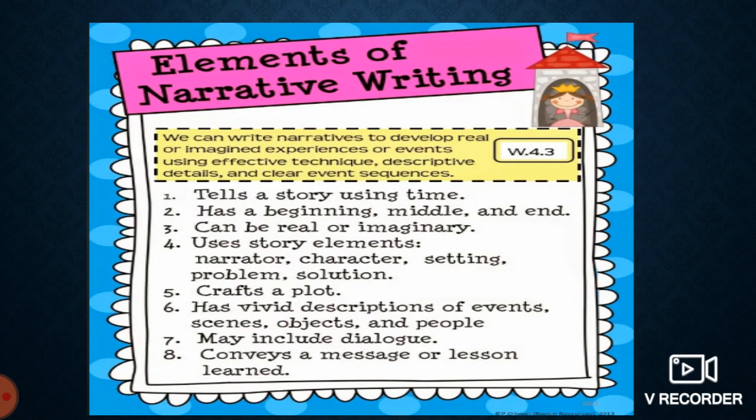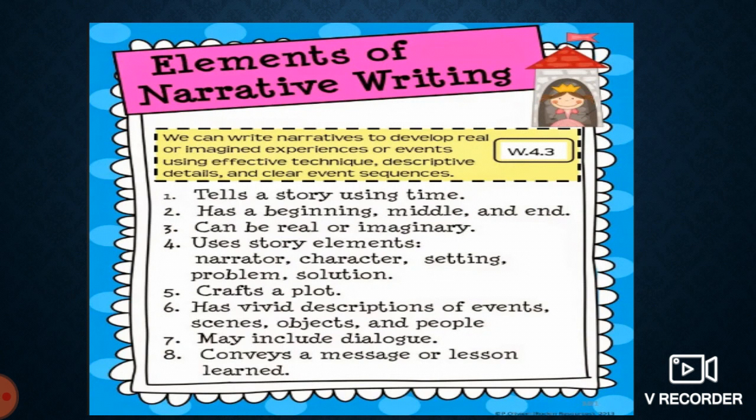You can show any particular time, so "once in a night," and you can start your story. It has a beginning, middle, and end. It can be real or imaginary. It uses story elements. As we discussed: narrator, character, setting, problem, solution, crafts of plot.